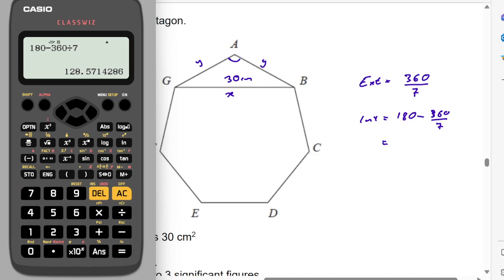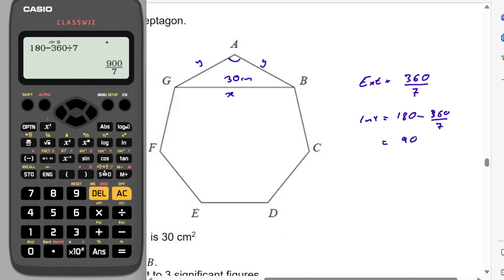I'm going to call it 900 over 7 for now, just to keep no rounding in my question. So I've got the interior angle. Let's call it theta for now. So the area of a non-right angle triangle is equal to a half ab sine C.